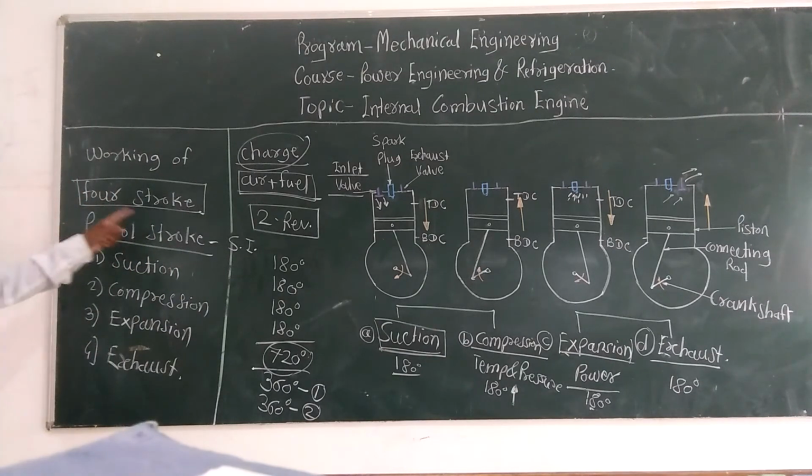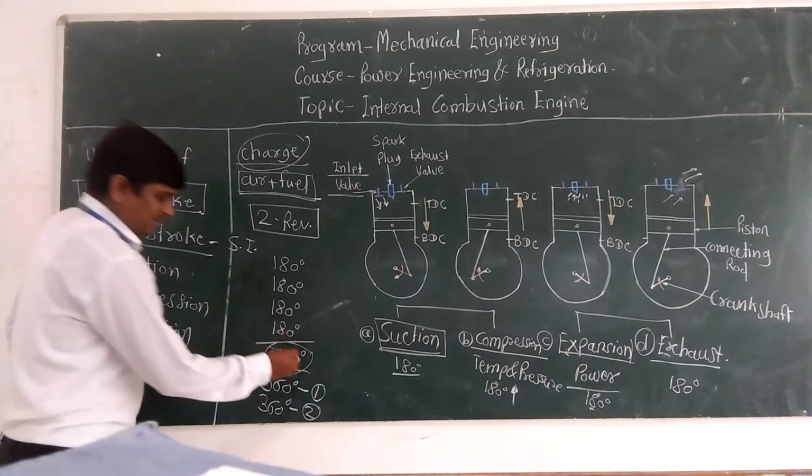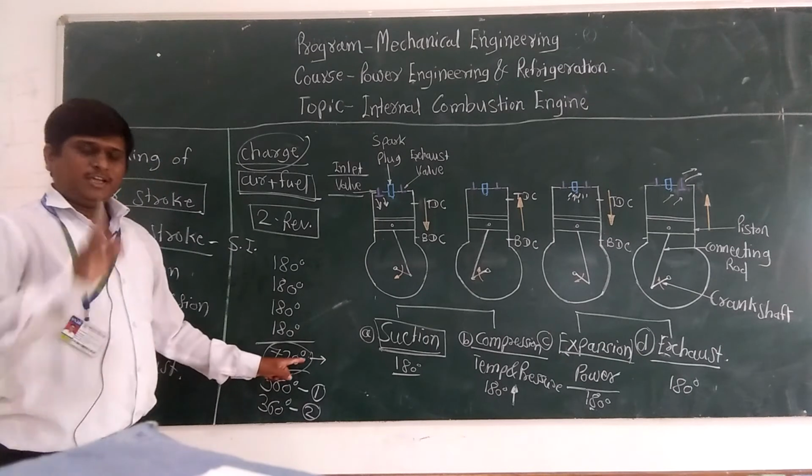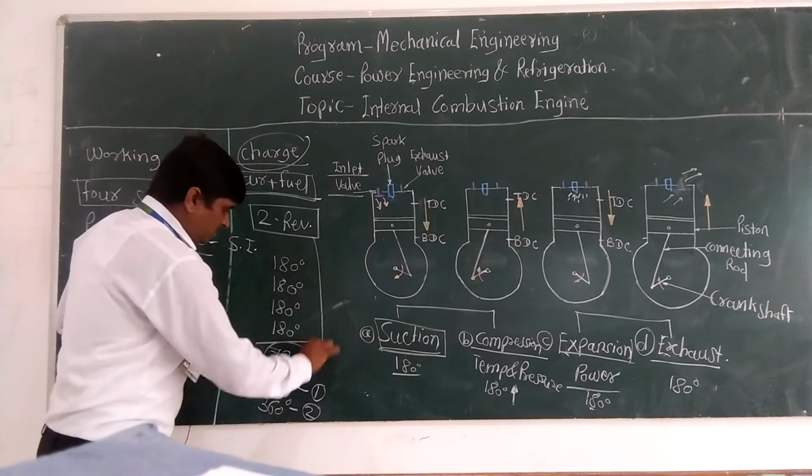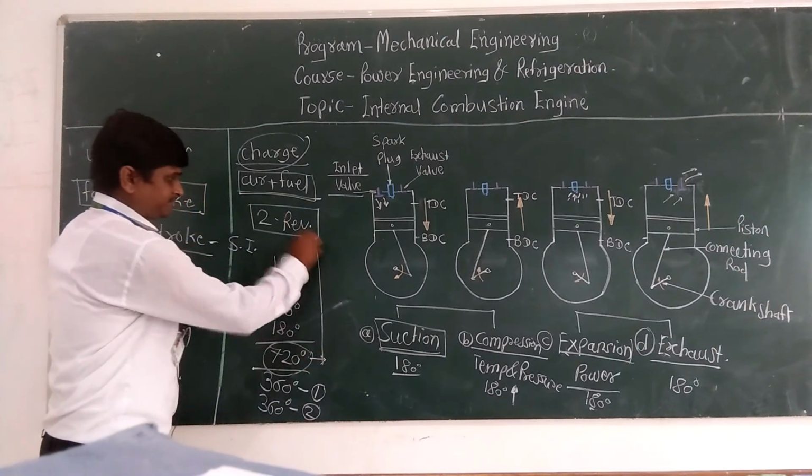So in the 4-stroke petrol engine, the power stroke is completed in 2 revolutions of the crankshaft.